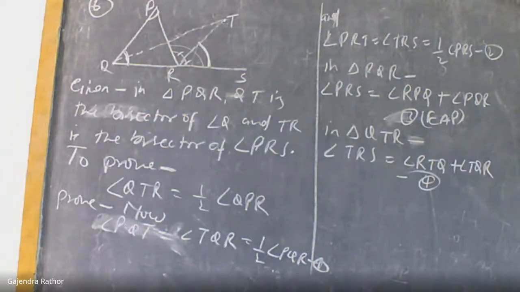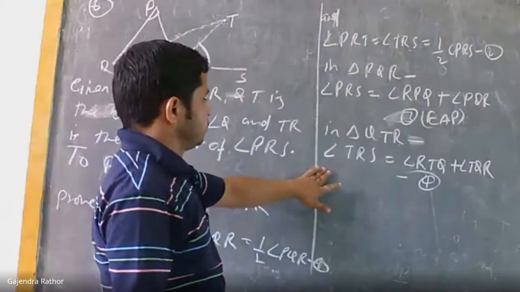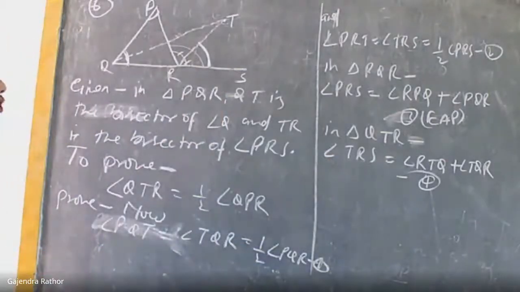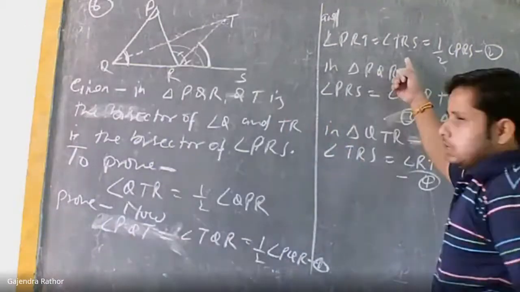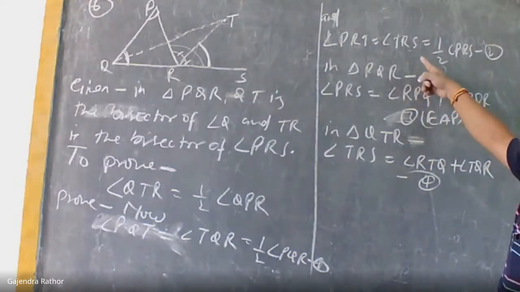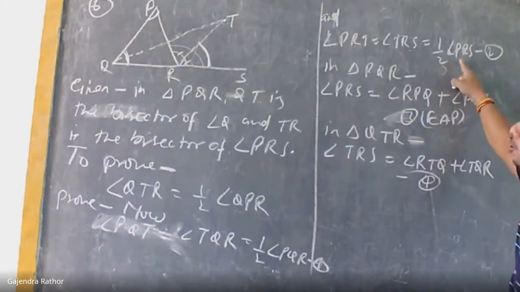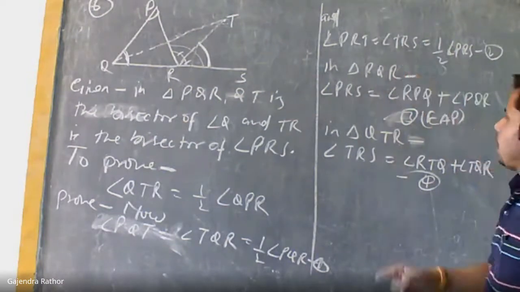Now we formed 4 equations. From these 4 equations, we have to get the final step. Let's see. PRS is equal to 2 angle TRS.